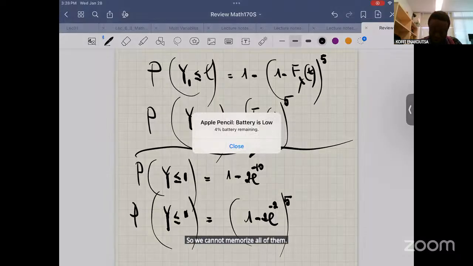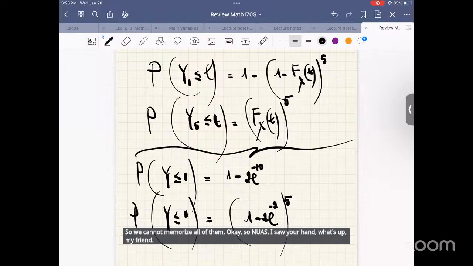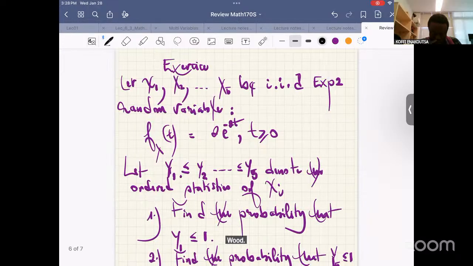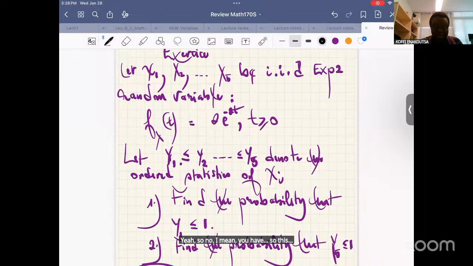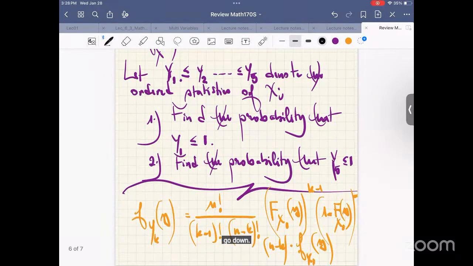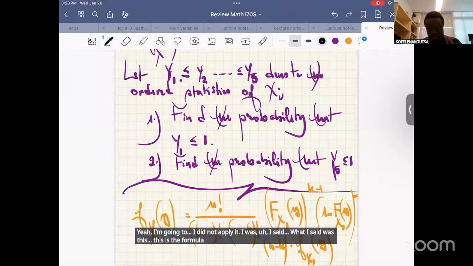Okay. So anyway, yes, I saw your hand. What's up, my friend? My question is, how did you apply the formula into these two cases? The previous one, the combination one. No, I didn't apply it. What I said was this. This is the formula that people are saying is too crazy.